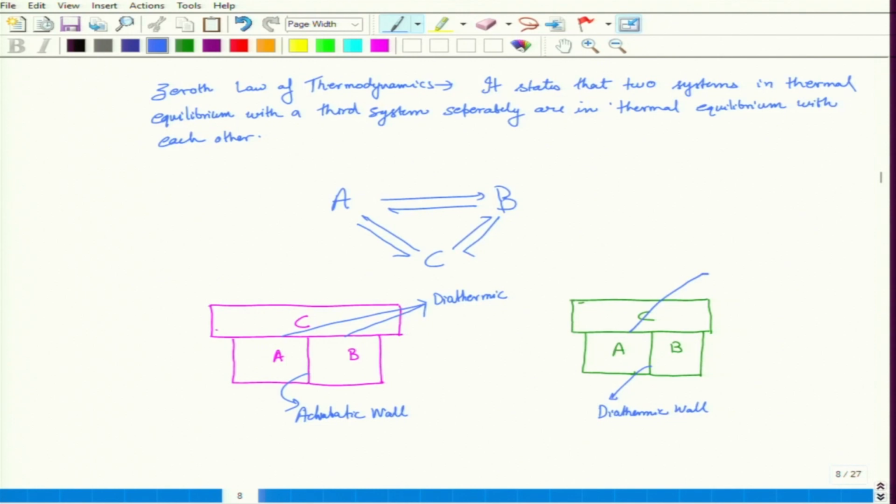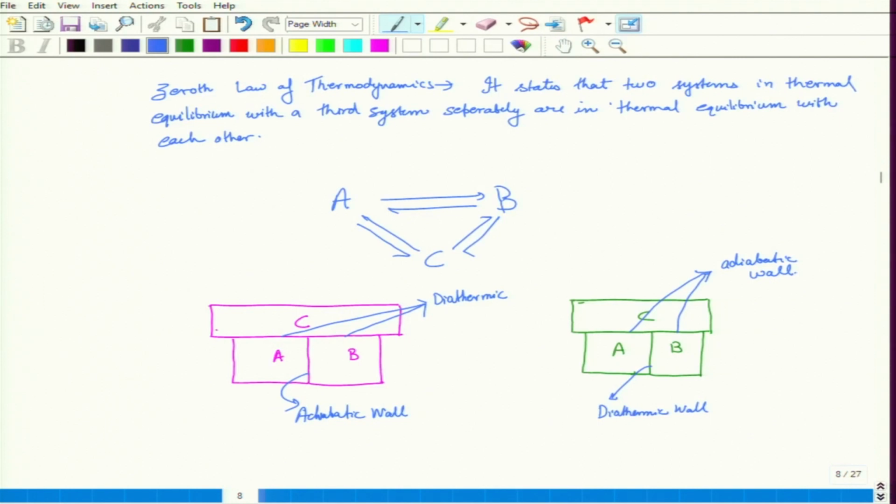Now imagine two systems A and B separated by an adiabatic wall from each other, and both in contact with the third system via a conducting wall.